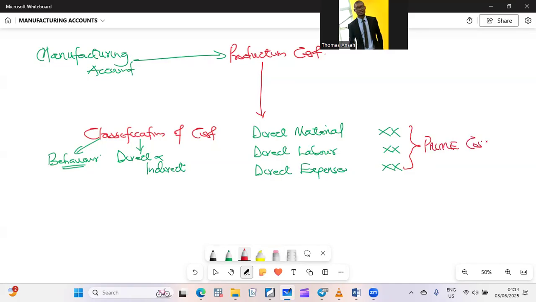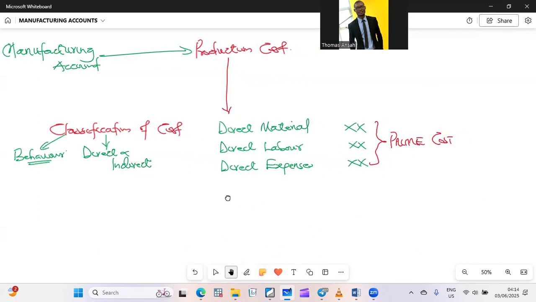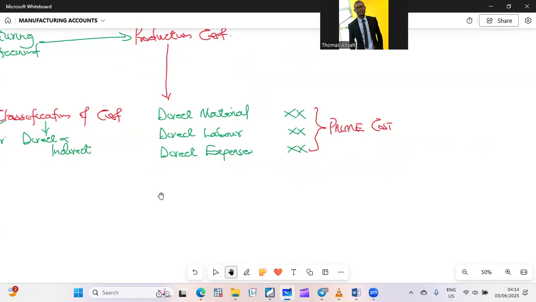So if you are asked what a prime cost is, you just say it is the combination of direct material, direct labor, and direct expenses. The total of it is called the prime cost.